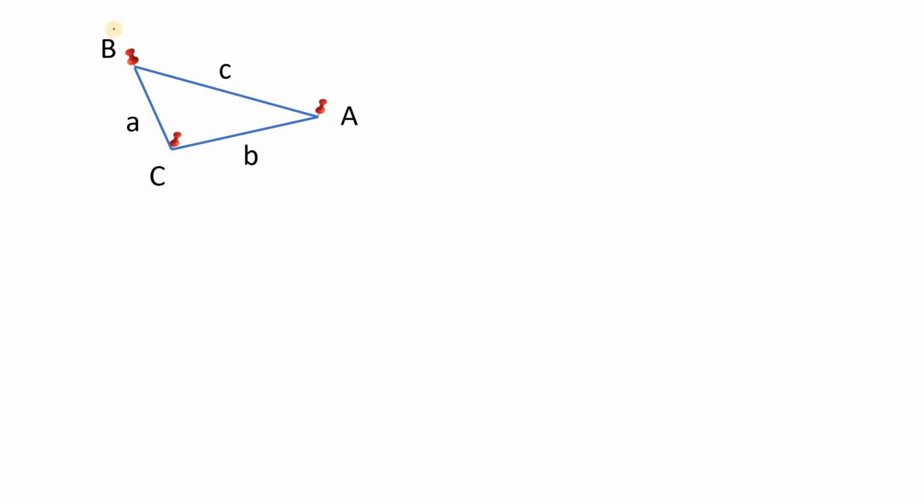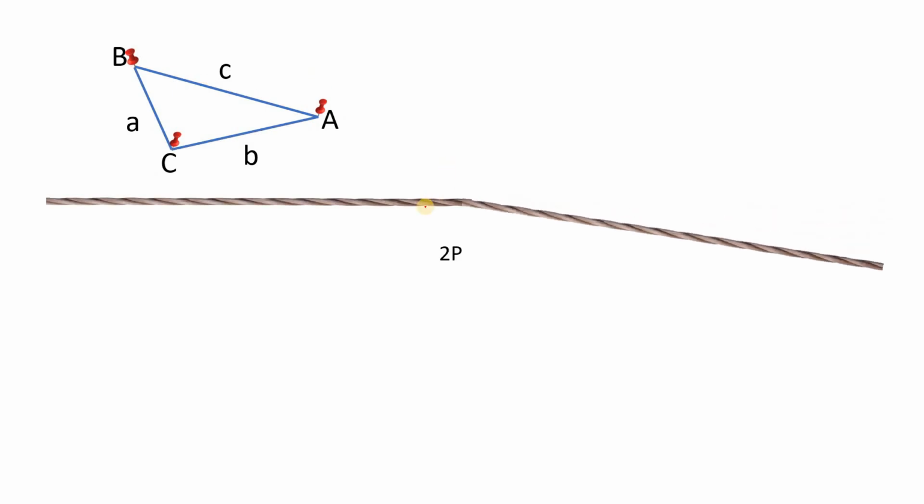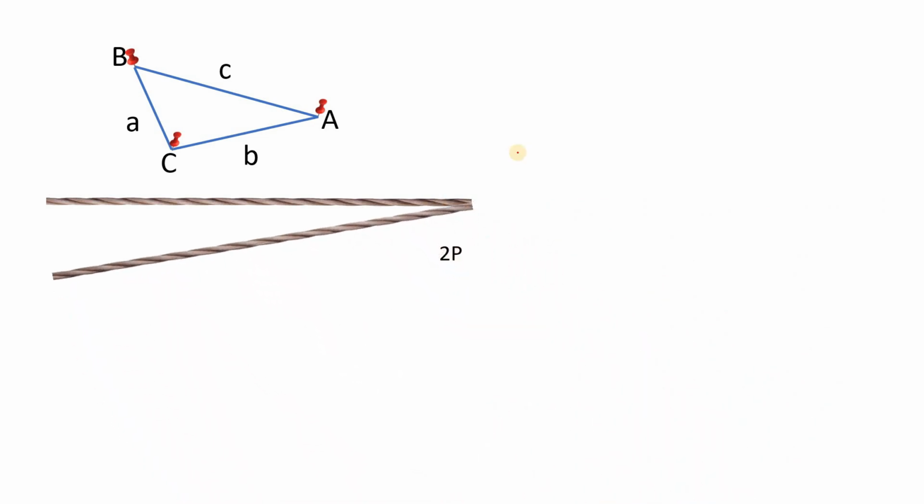Assume the triangle is named triangle ABC, the side opposite to angle A is small a, the side opposite to angle B is small b, and the side opposite to angle C is small c. Let's recall what we have done. At first, we wound the rope 2 times on the perimeter of the triangle, so we got a long length which is 2 times the perimeter.